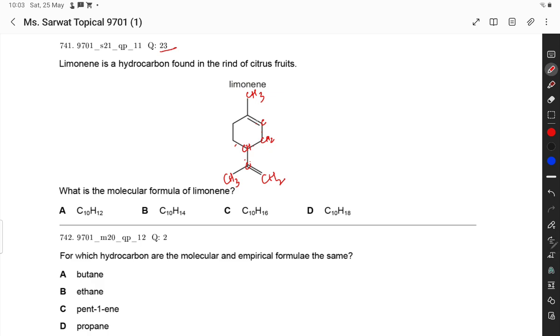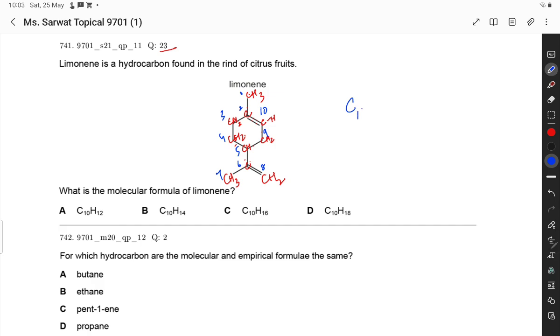Count the number of carbon atoms: 1 2 3, this is 1, this is 2 3 4 5 6 7 8 9 and 10.